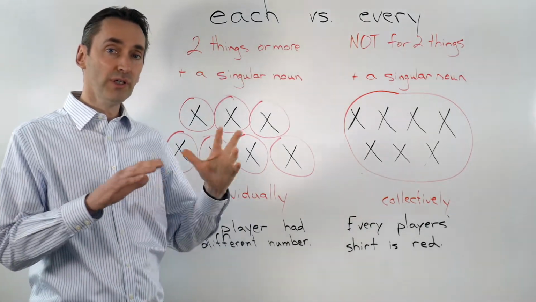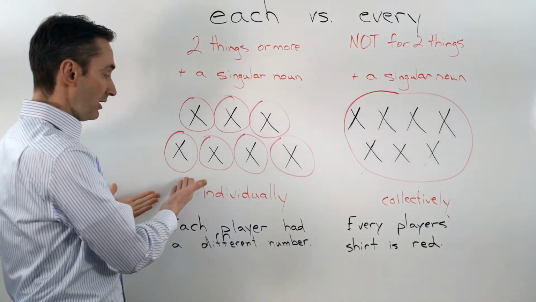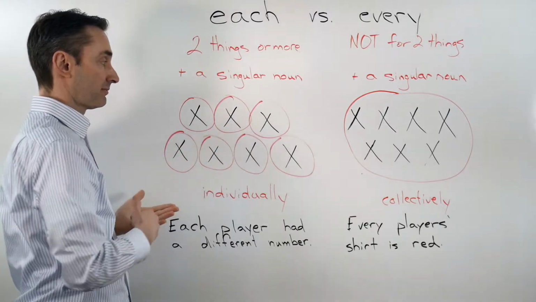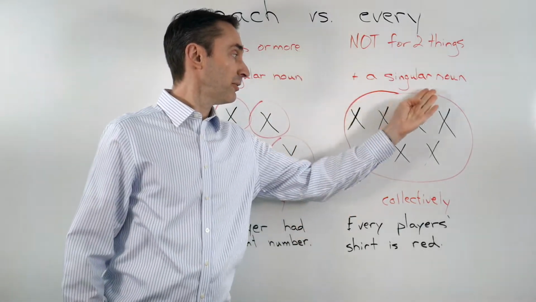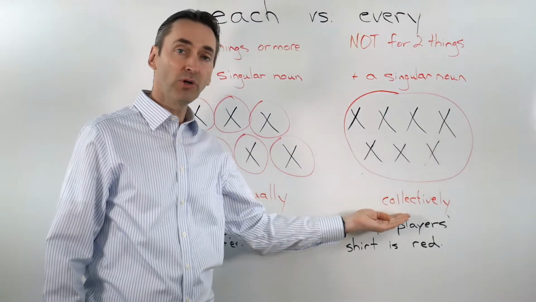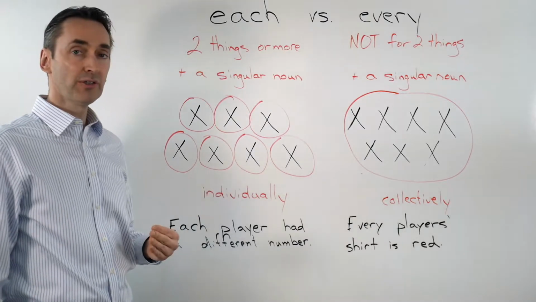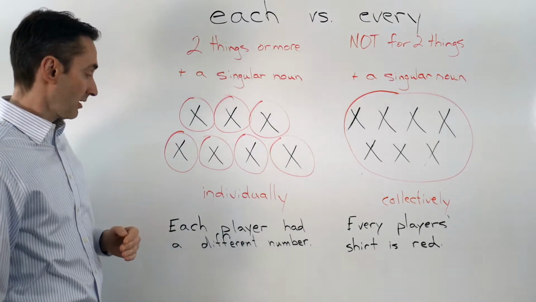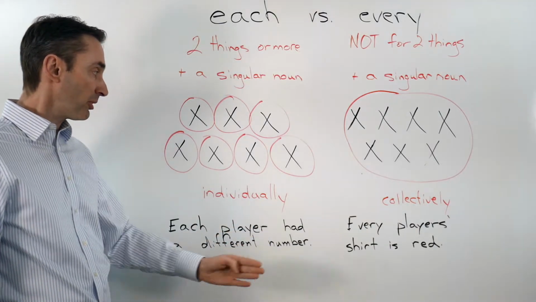When we use each in a sentence, we're thinking of individually, each as one. When we use every, we're thinking of them as a group. We're thinking of them collectively, as opposed to individually. So, for example, each player had a different number.